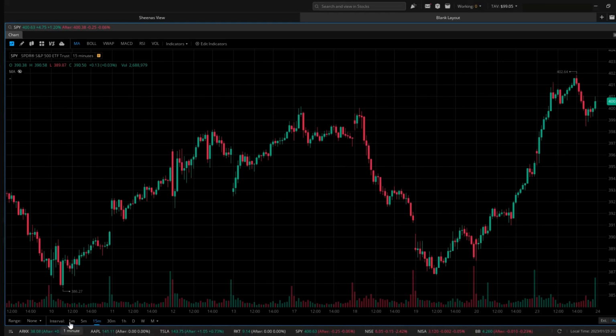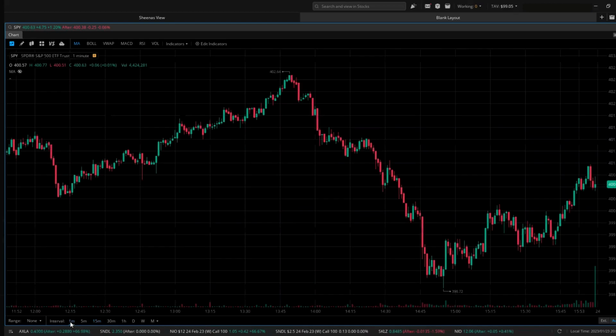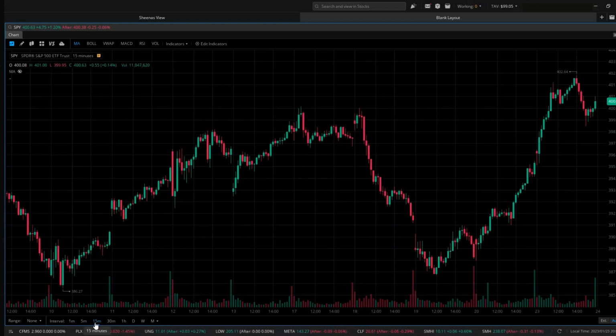Depending on what type of trader you are, if you are scalping or day trading, you may be looking at a shorter time frame because you are trying to get in and out of your trade fairly quickly. You're looking for short, quick moves to the upside or the downside. And so you may want to be looking at a 1 minute, a 5 minute, or 15-minute chart.